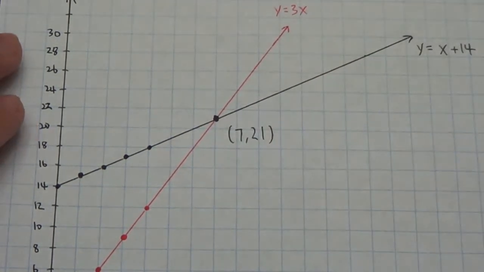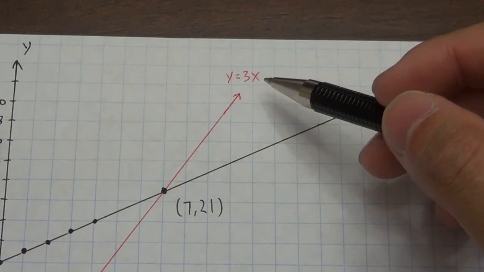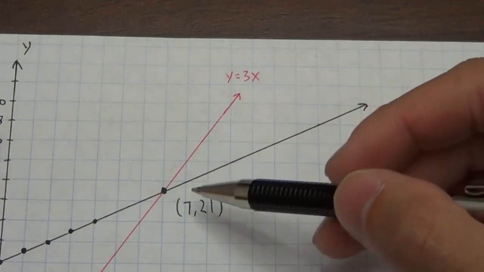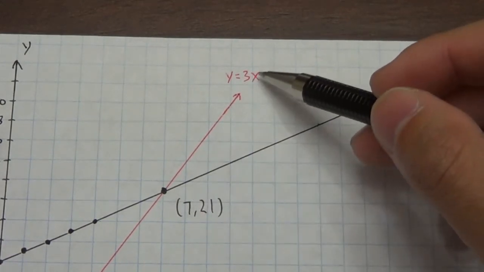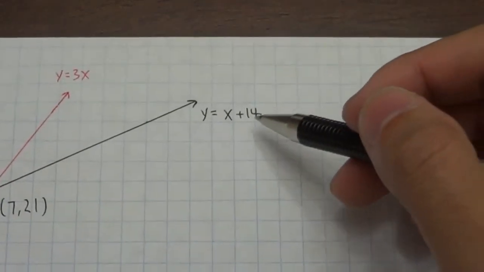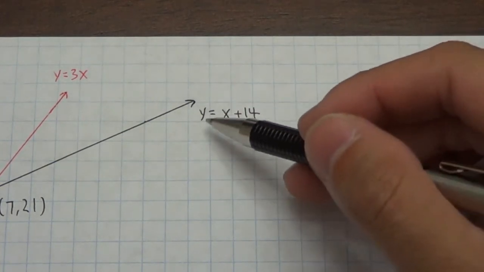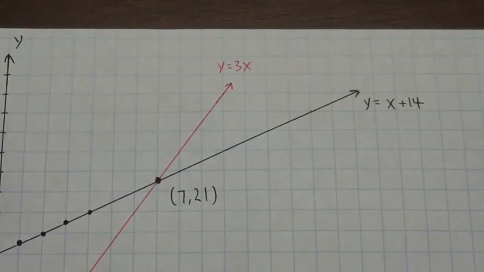You can always double check if that point is correct by plugging it into the equations and seeing if it works out for both. If x is 7, 7 times 3, y will equal 21, and that's correct. Over here, if x equals 7, 7 plus 14, y equals 21, also confirmed.